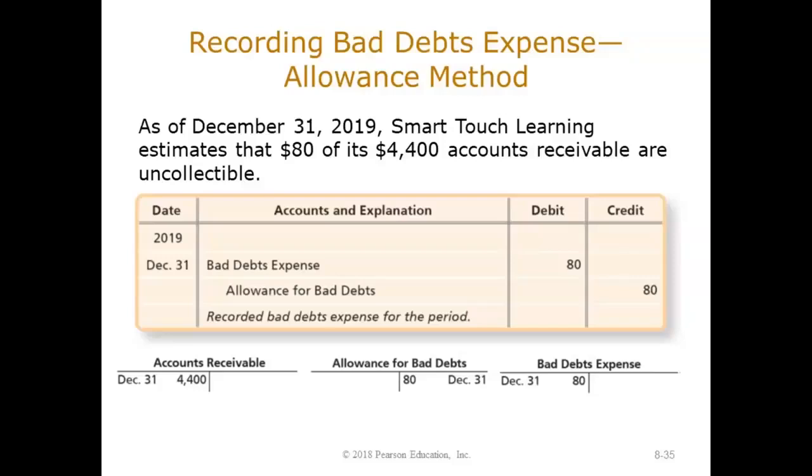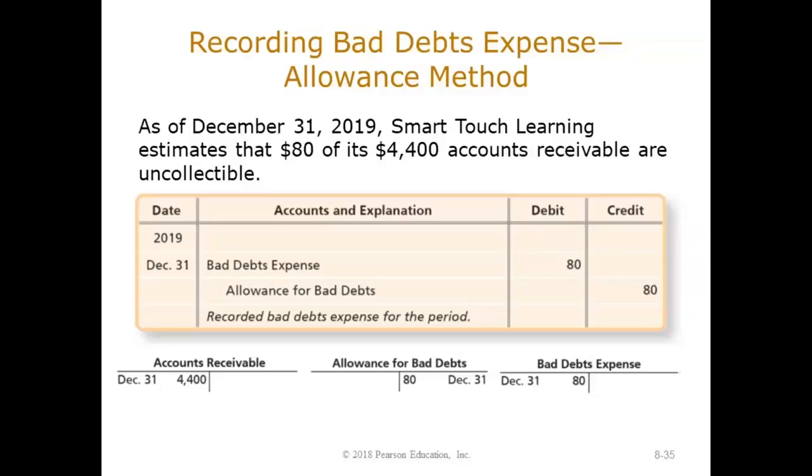As you can see, there are no debits or credits to the actual accounts receivable. We're going to book the expense to the allowance, or the contra account. The allowance for bad debts is always a contra asset account, and as such, the normal balance is always a credit amount.